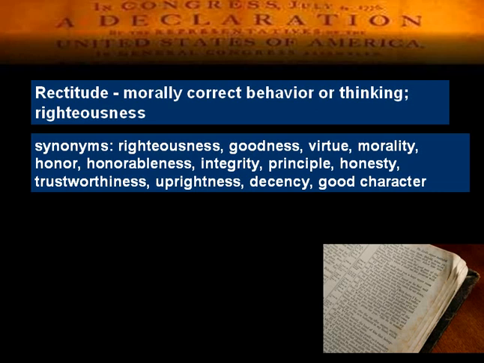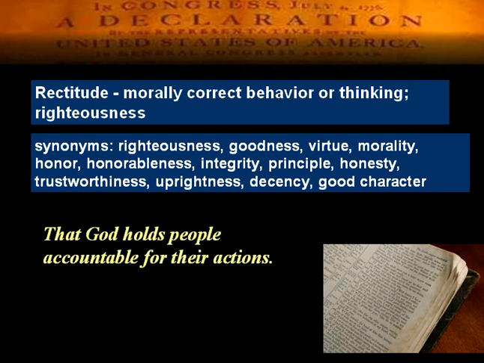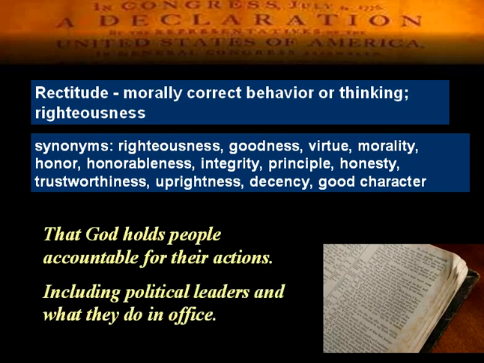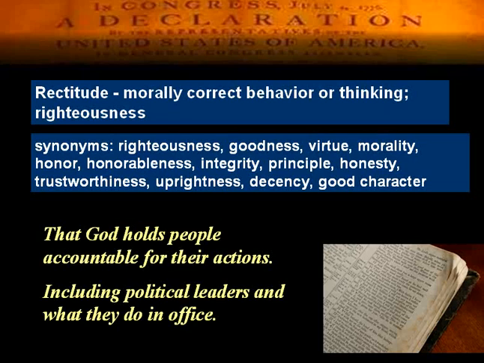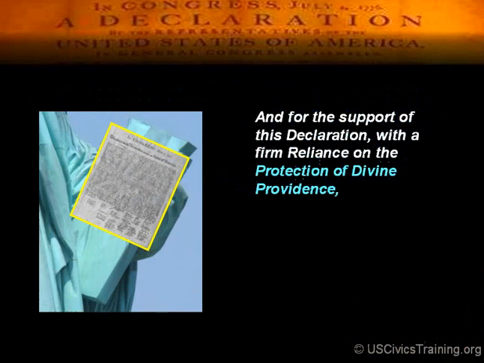What they're saying here in the Declaration is that the Supreme Judge of the world, that God, holds people accountable for their actions, including political leaders in what they do in office, and they are held according to these moral obligations on display here. And then finally, "for the support of this declaration with a firm reliance on the protection of divine providence."